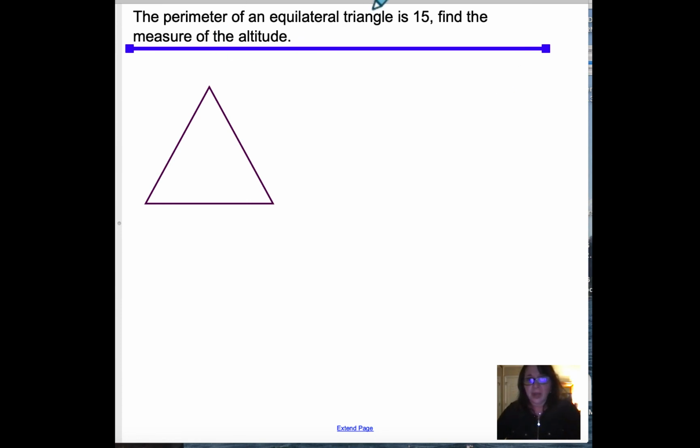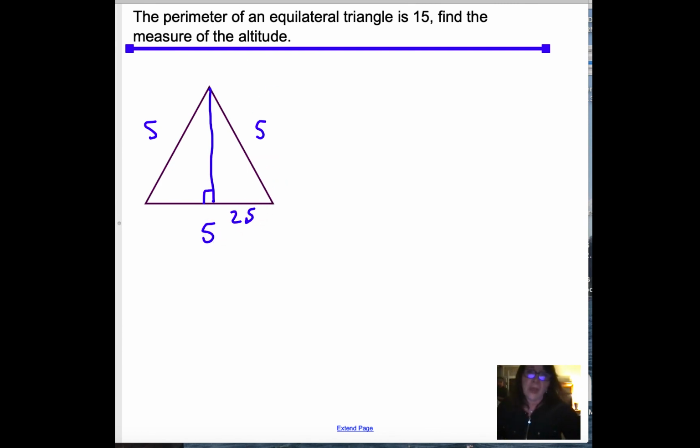The perimeter of an equilateral triangle is 15. So again, divide that by 3. Each of my sides is 5. Find the measure of the altitude. In order to find the measure of the altitude, what we're going to do is cut 5 in half, and we're going to get 2.5.